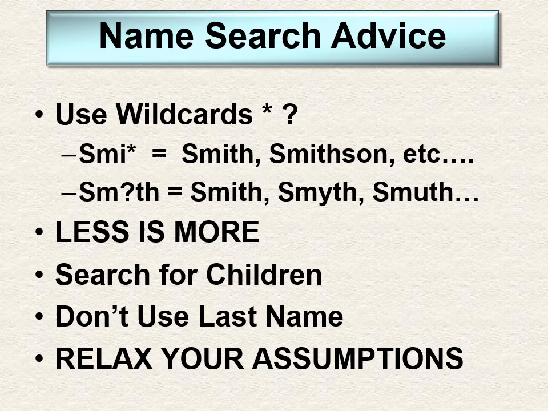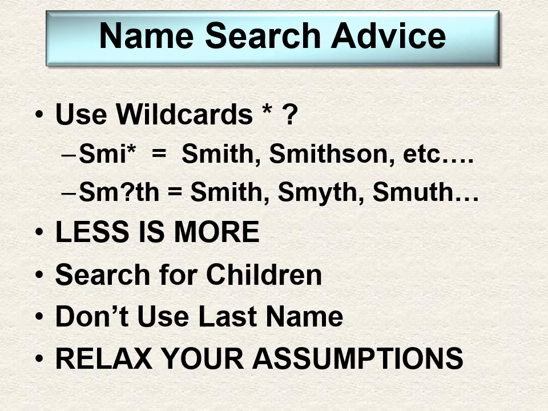So for instance, if we had someone by the name of Smith or Smithson, etc., you can just put in SMI and an asterisk and get all those people. If you're not sure about a letter, you can put a question mark in, and the question mark will fill in any letter.